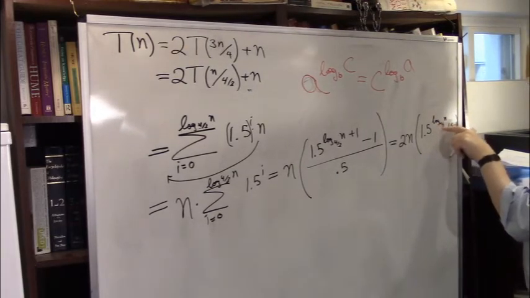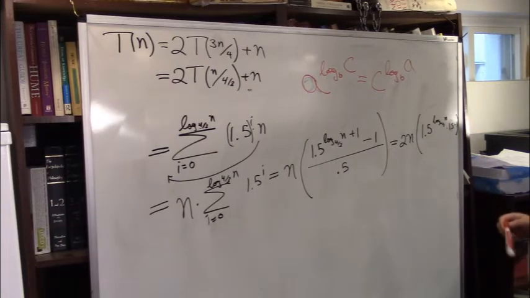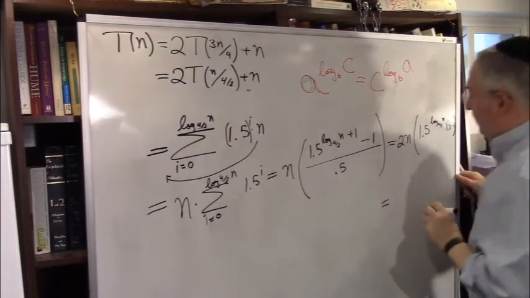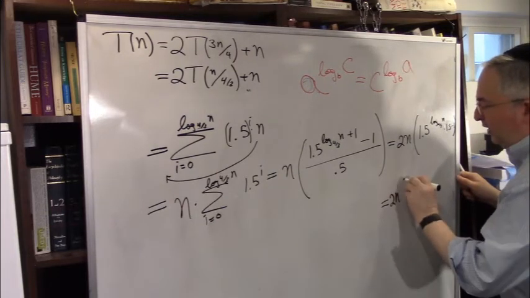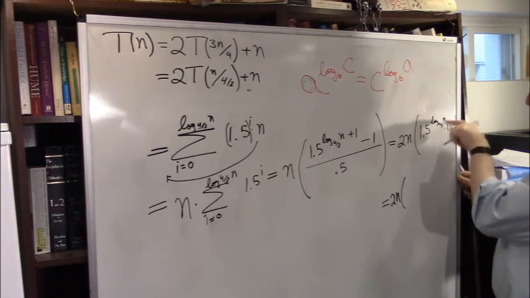I don't know what log base 4 over 3 of n is, but I know that this whole thing is equal to 2n times, now I'm going to bring the n down and the 1.5 up.